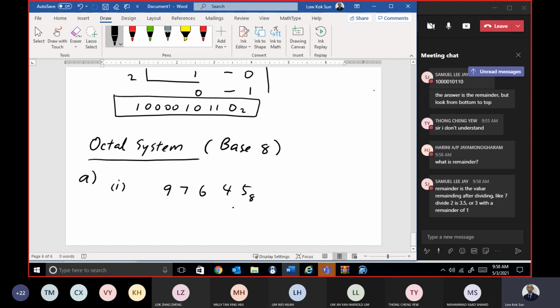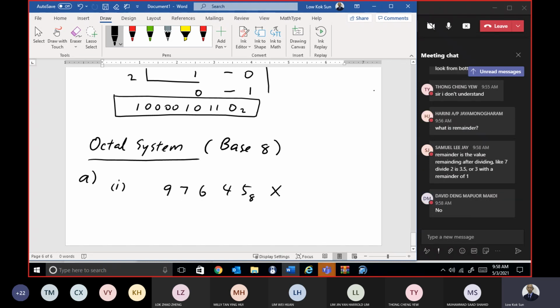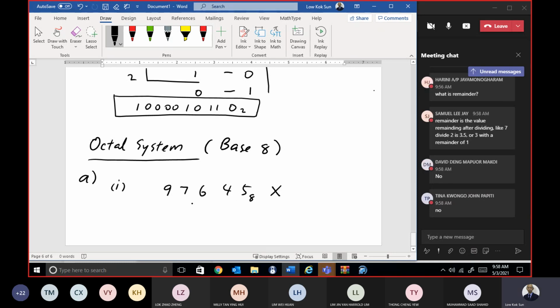Good, very good. This number is wrongly written. This number doesn't exist in the base 8 system, because there's no 9. In base 8, 9 doesn't exist, so it cannot be calculated.